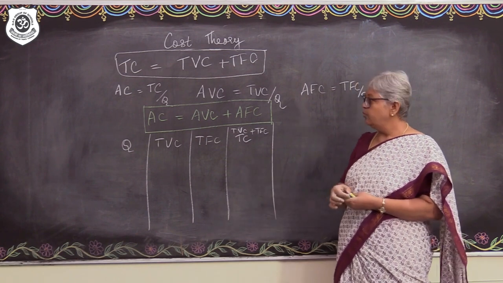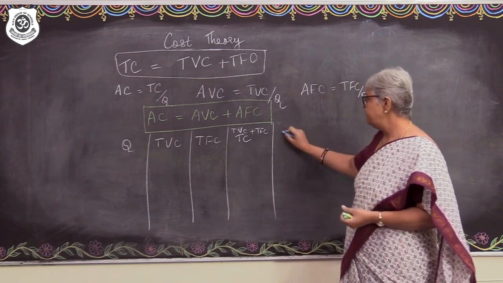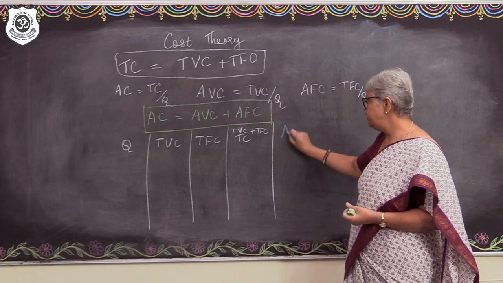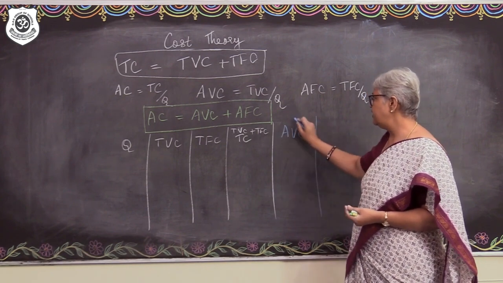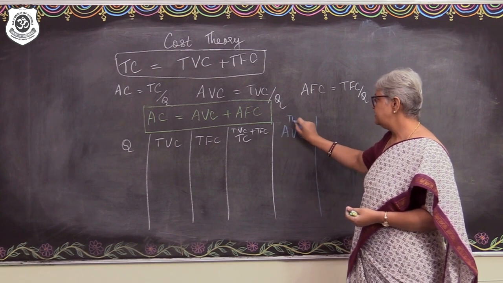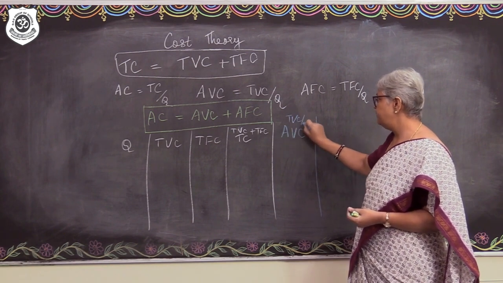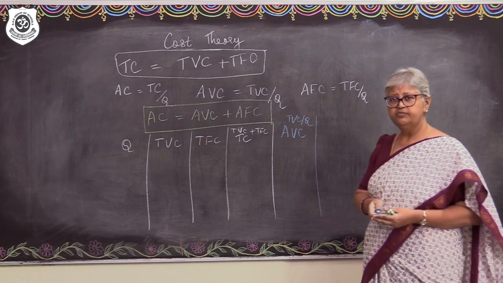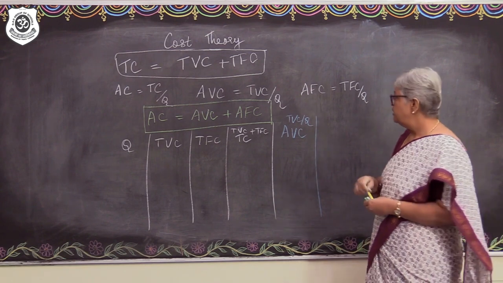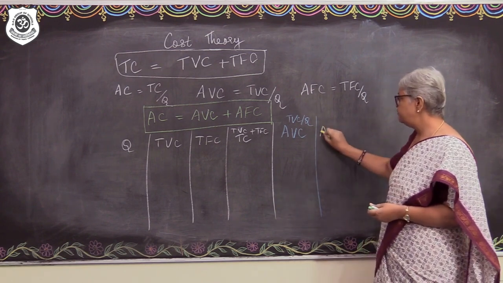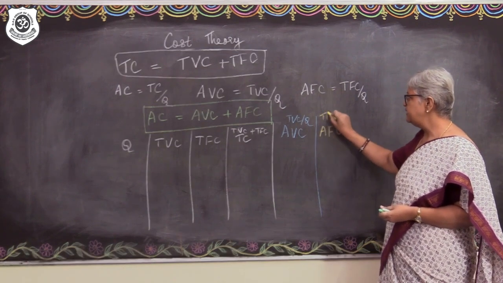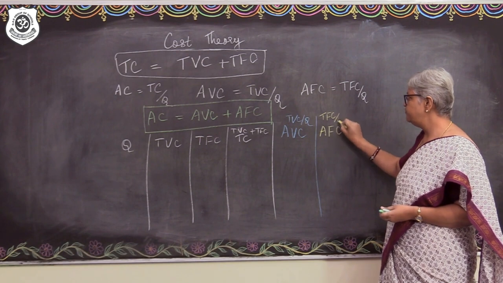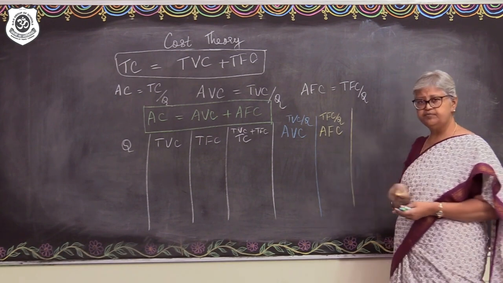Now, we would move on to understand the per unit variable cost, which can be calculated as the TVC by Q. Then, the per unit fixed cost, which can be understood as the per unit fixed cost of production.